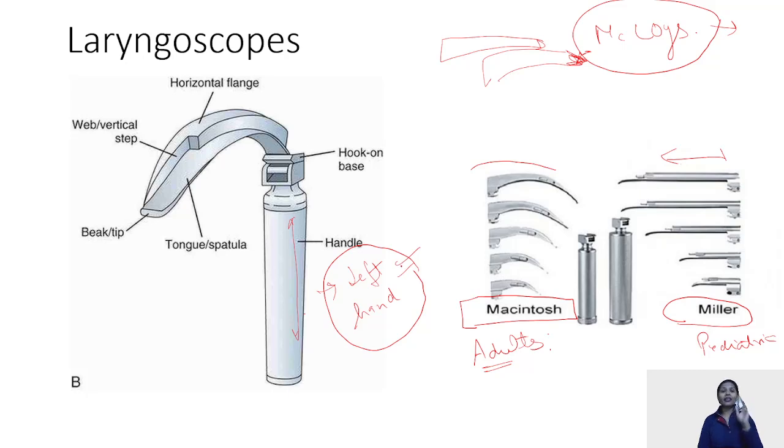You have this hook, which completes the electrical circuit such that the bulb which is present lights. Okay, this is the bulb. You have the horizontal flange. This is the portion of the flange. This is the spatula, on which your tongue rests.